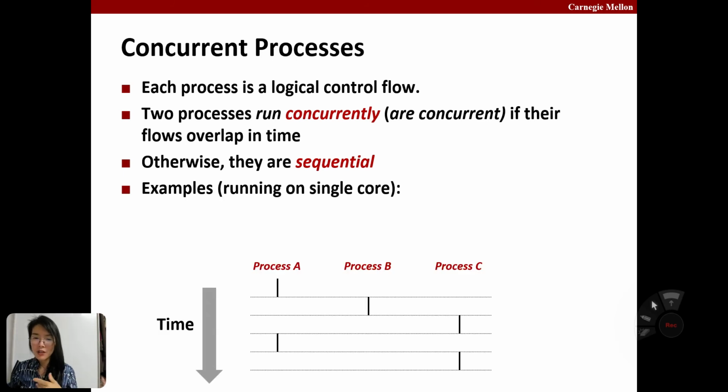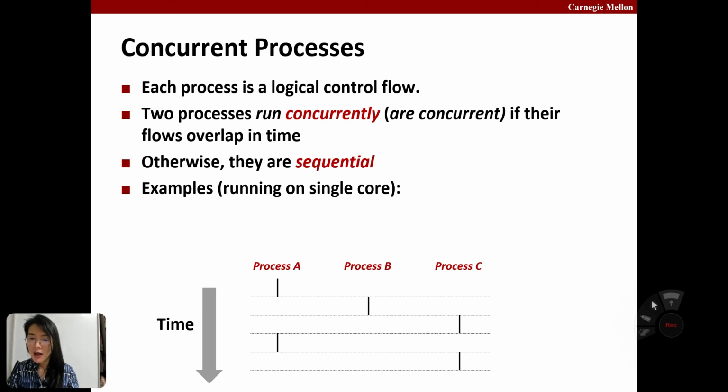So when you look at the figure below, according to the time, three processes can be executed in a single processor in the CPU.